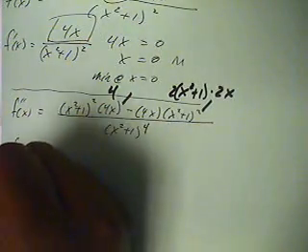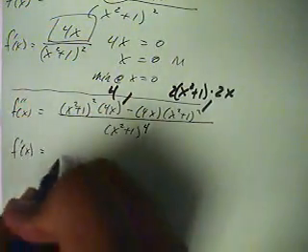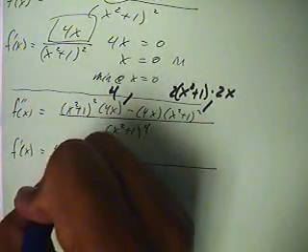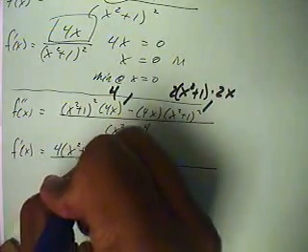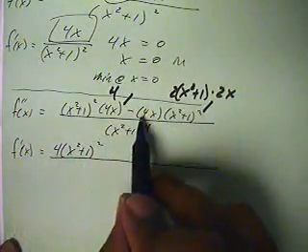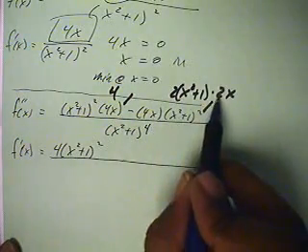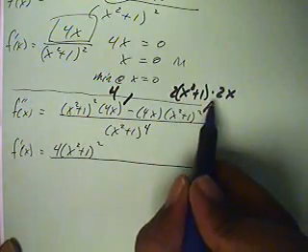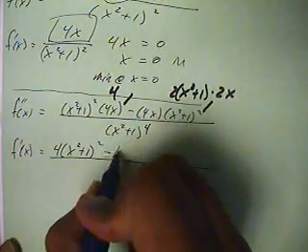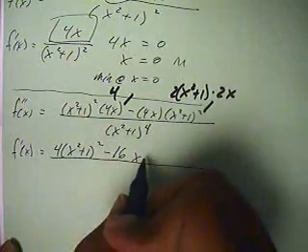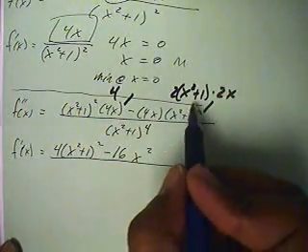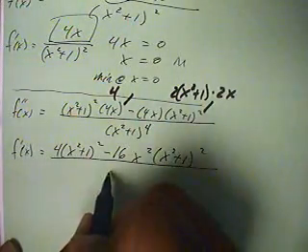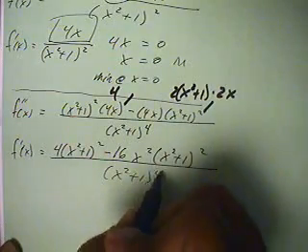Let's put all that together. The 4, we're just going to put in front, so 4 times x squared plus 1 all squared. On the outside, we have a 4x, a 2, and a 2x. When we multiply all that together, we have minus 16x to the second power, and what remains is over x squared plus 1 to the fourth.